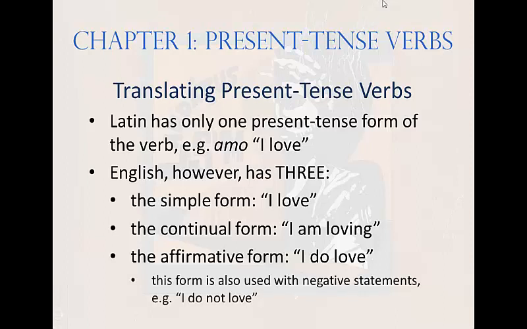This form is used most often with negative statements like, I do not love. Why, you may ask, does English have three present tense forms? I have no idea, but if we were ancient Romans, the Senate would certainly outlaw two of them. After all, exactly how many ways do you need to say, here comes the enemy?